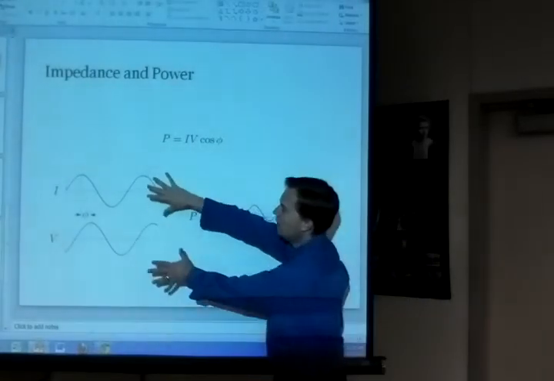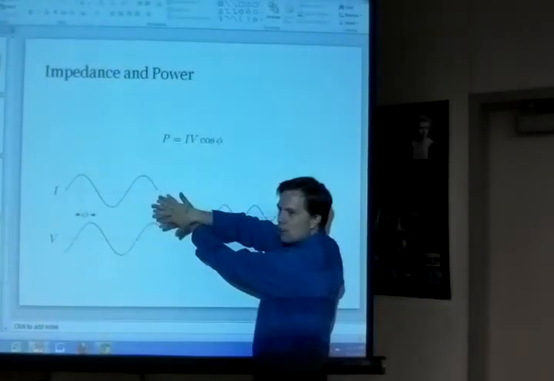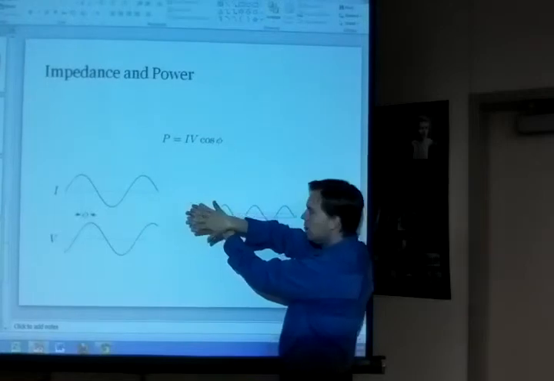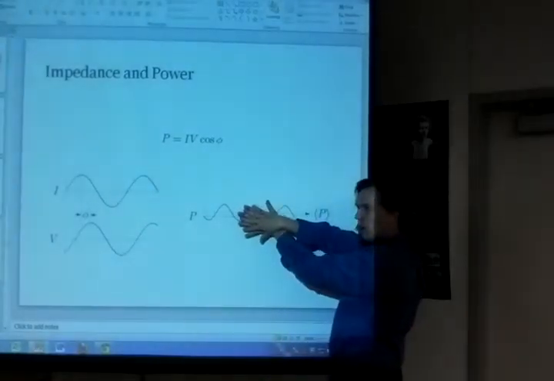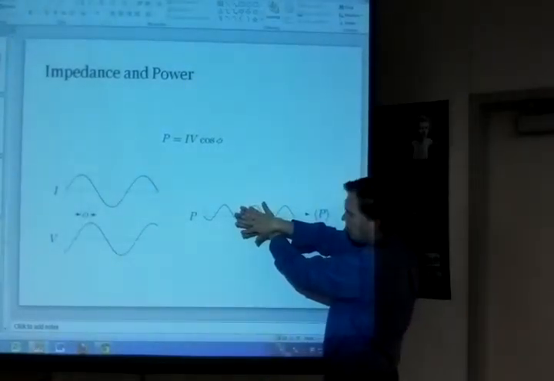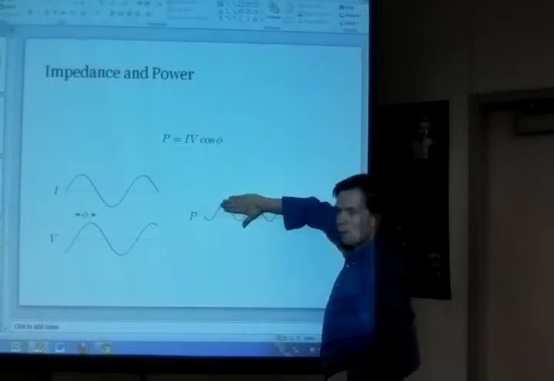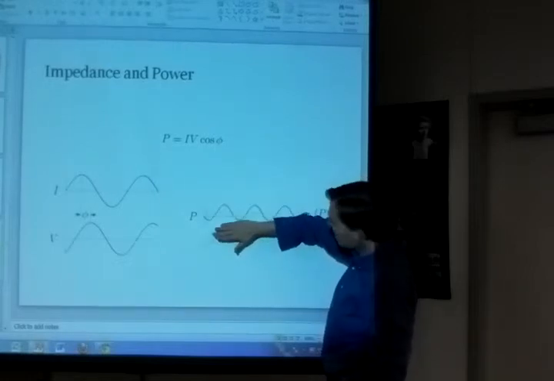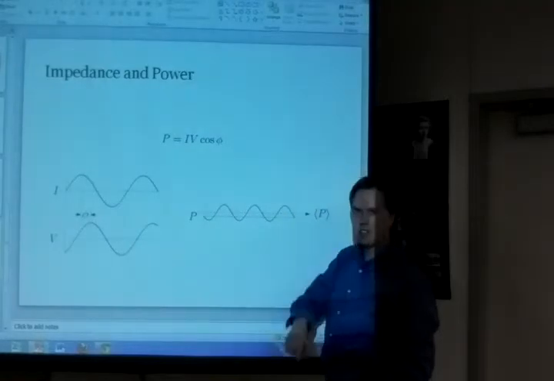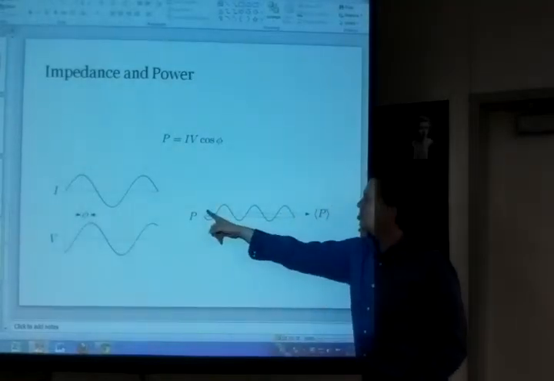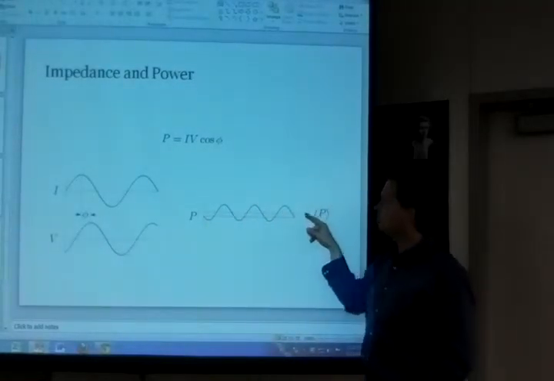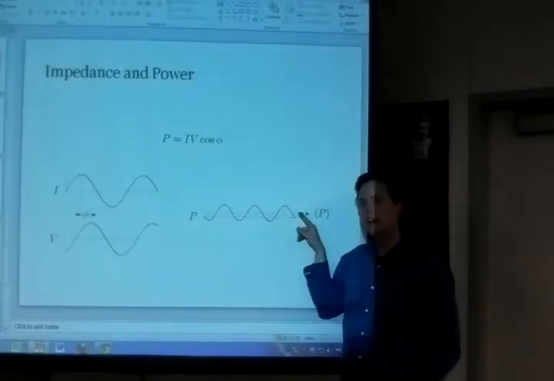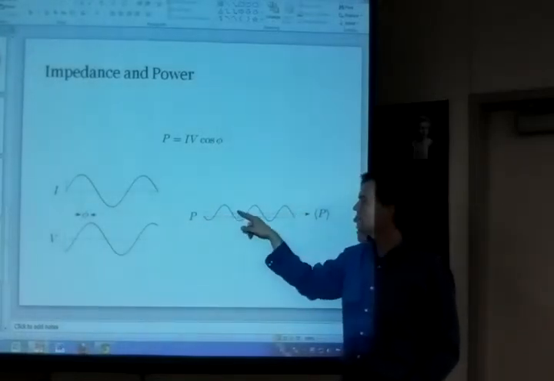But mathematically, when you combine these two trig functions, you multiply them together, you get another sine wave curve, cosine curve, but it's shifted up a certain amount. And that shift is the resistor. That shift here is going to be the average power, right? The average is right along this center line.